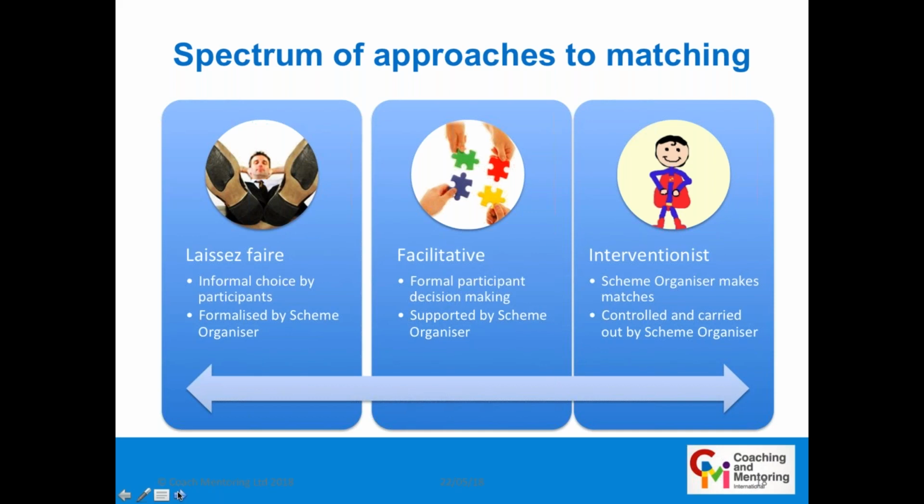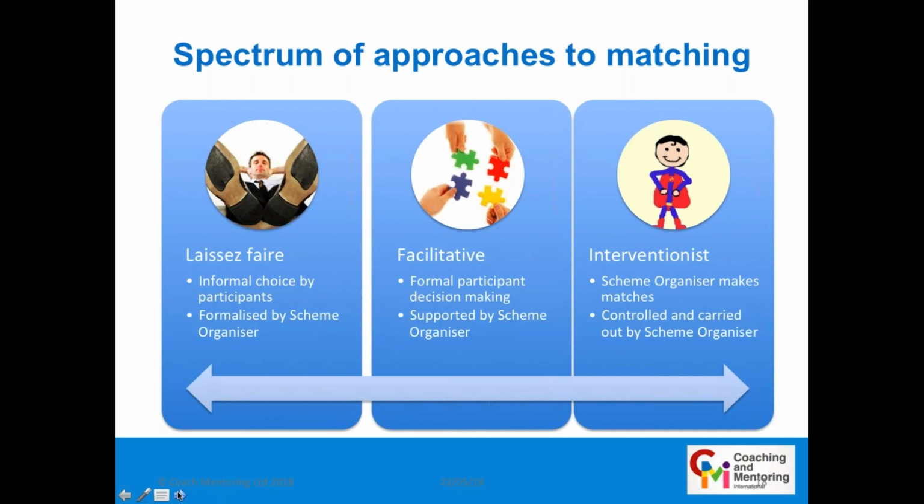Or you could have people's profiles up on the intranet of the organisation, and again, let people loose to make their own decisions. Or it can be a facilitative type approach, where the scheme organiser supports the participant decision making, but this may be where individuals are given a choice of a certain number of people to choose from.